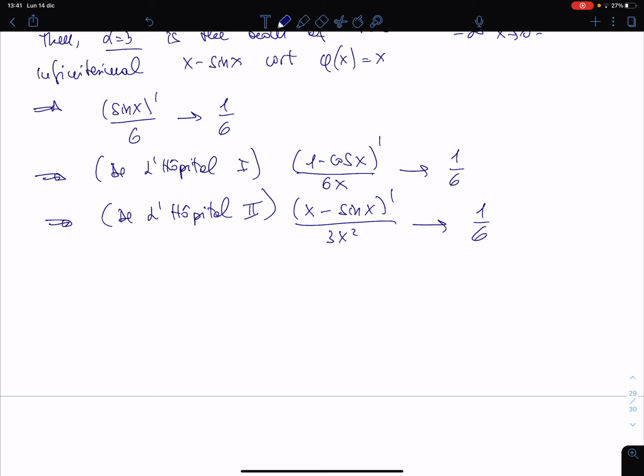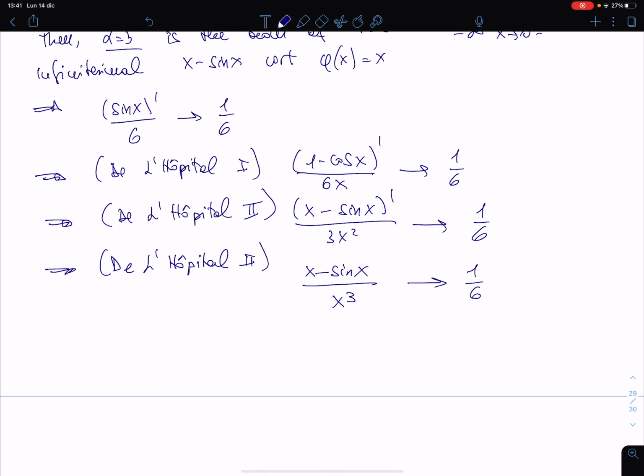And again, by L'Hopital 2, we end up saying that x minus sine of x divided by x cubed tends to 1/6. Okay?